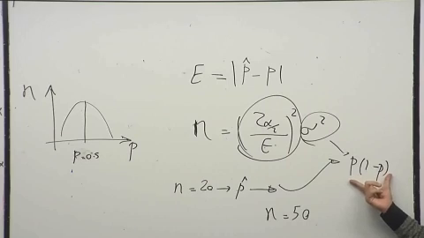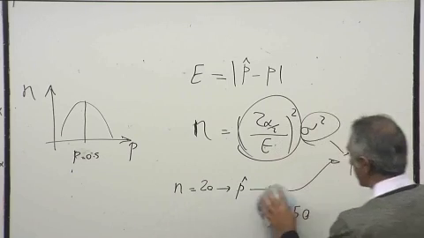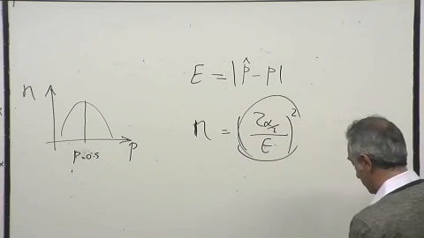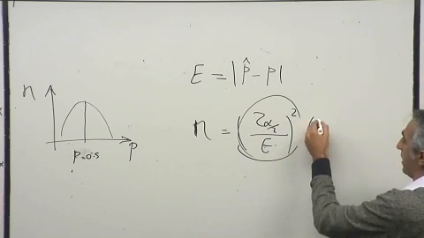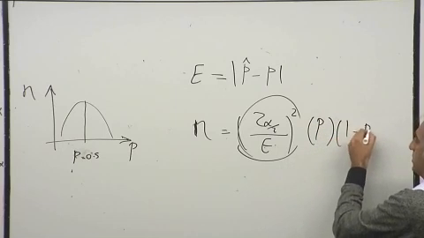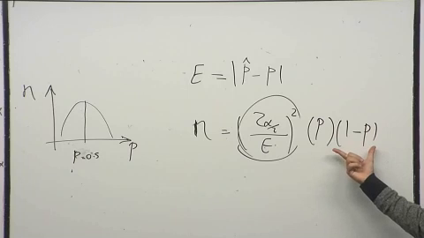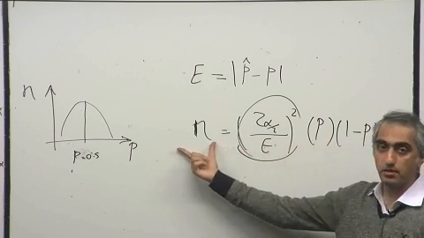I don't know the value of P. So that's the equation. I don't know the value of P. Why? Because this is the population percentage. But I'm going to be conservative. I want to find P which maximizes n.